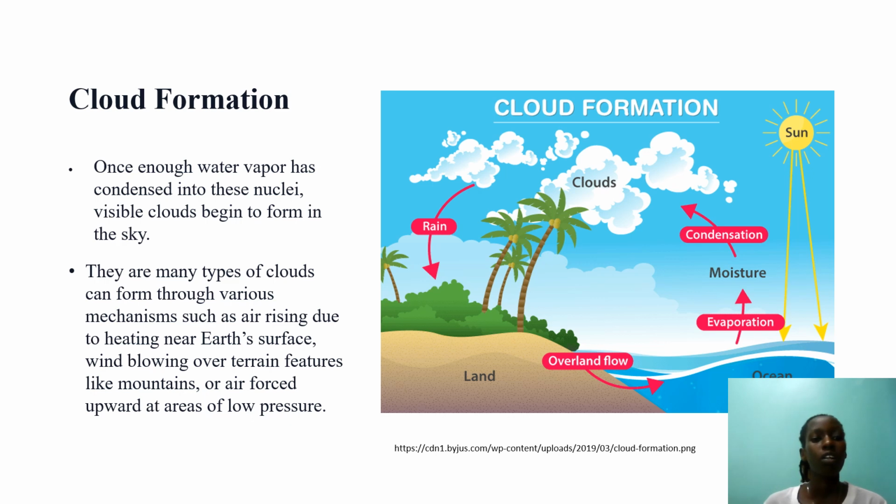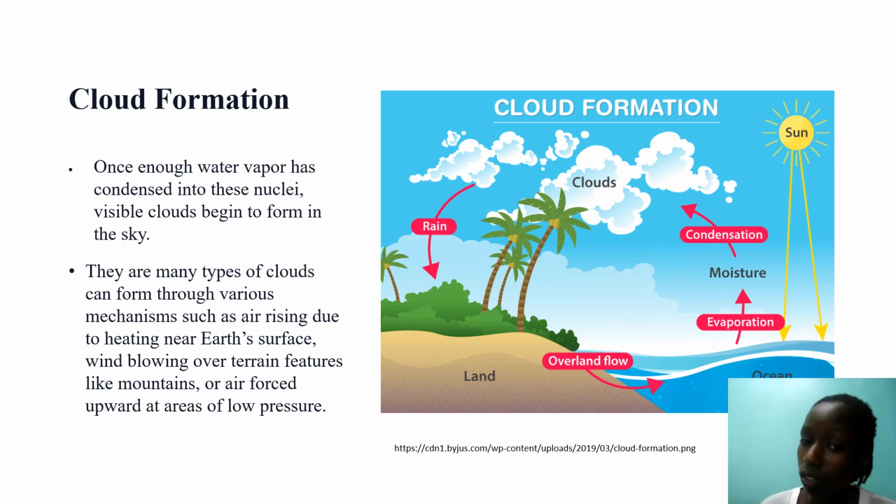Once the water vapor is condensed onto these nuclei, visible clouds begin to form in the sky.